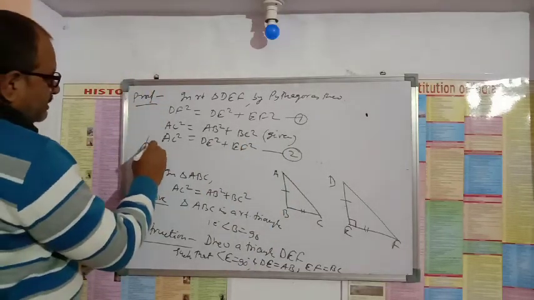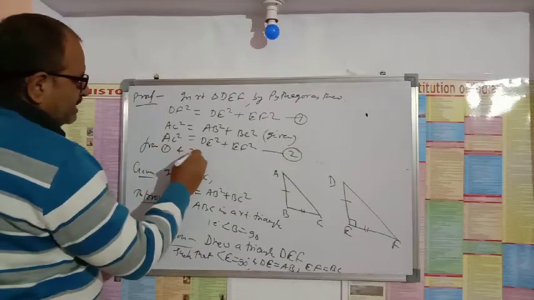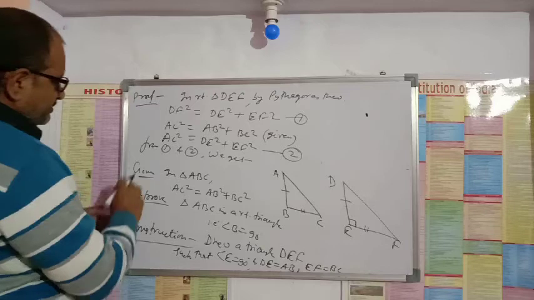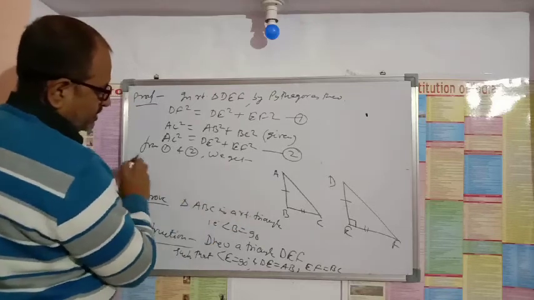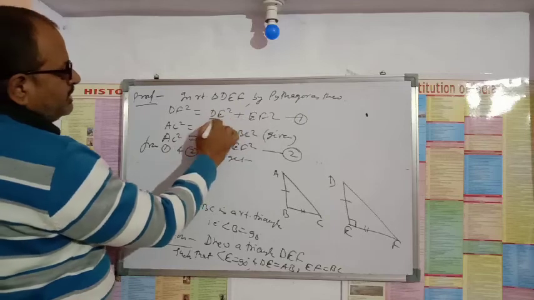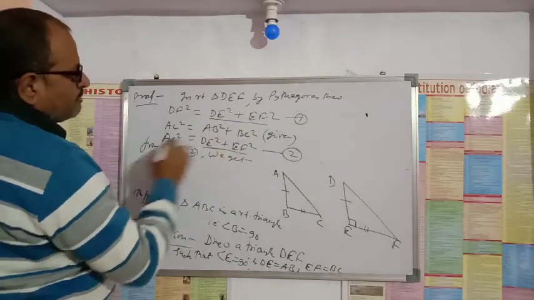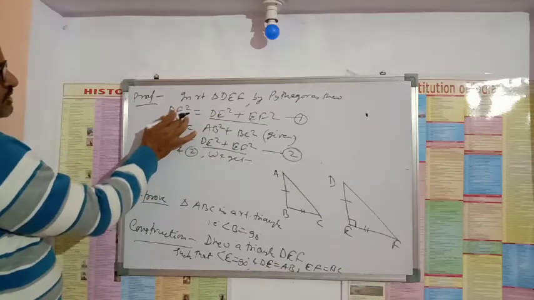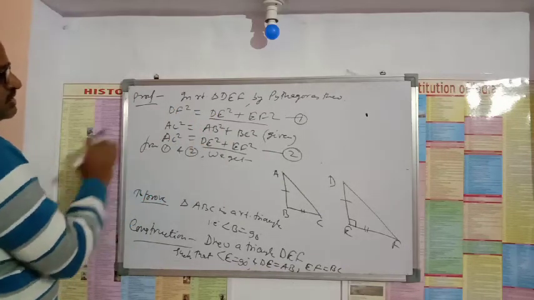From first and second we get, see the right part of both, DE square plus EF square. In the first, DE square plus EF square is equal to DF square, but in the second it is equal to AC square.